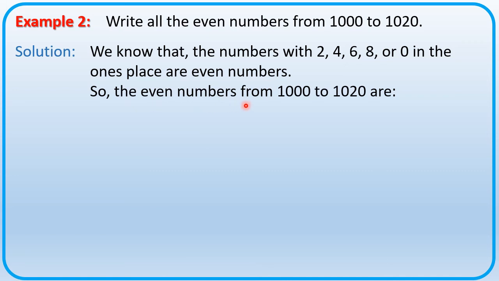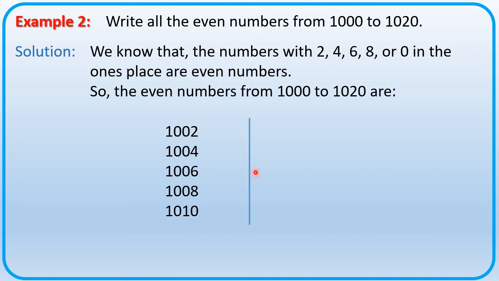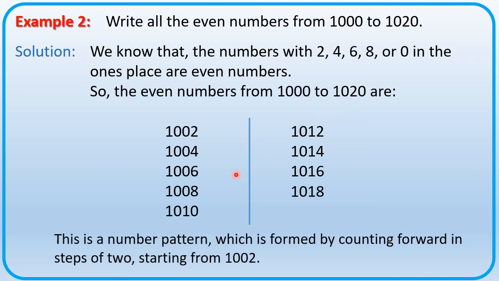So the even numbers from 1000 to 1020 are 1002, 1004, 1006, 1008, 1010, 1012, 1014, 1016, 1018 are the even numbers that are between the given two numbers.